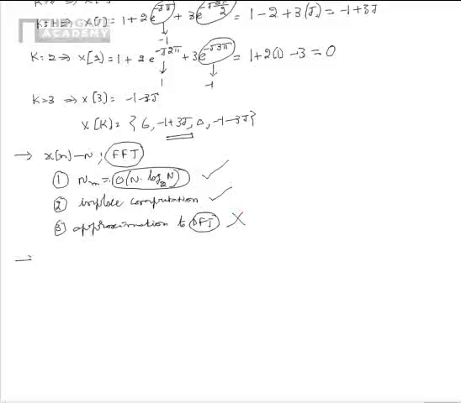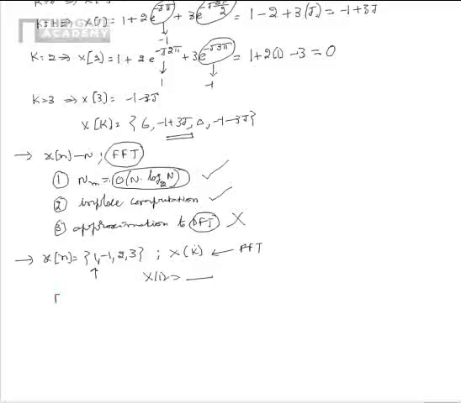Now let us consider another problem as per which there is a signal x of n which is given as 1, -1, 2, 3, where the value of 1 corresponds to the instant n equal to 0. If X of k is the FFT implementation of x of n, we need to find X of 1.